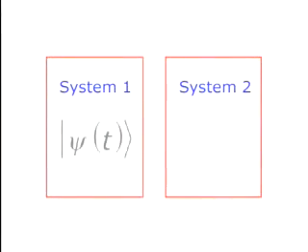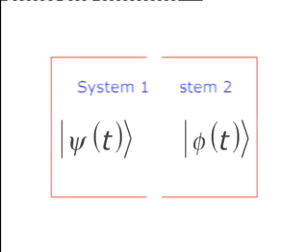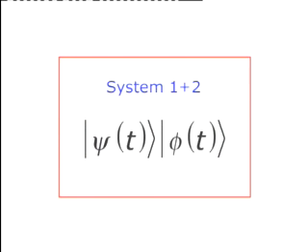And if both systems are in pure states, say ket psi and ket phi, then the combined system is in a pure state too, and its state vector is the tensor product of psi and phi. We write the tensor product of kets without any explicit multiplication symbol like this. And that's a ket of the combined system.